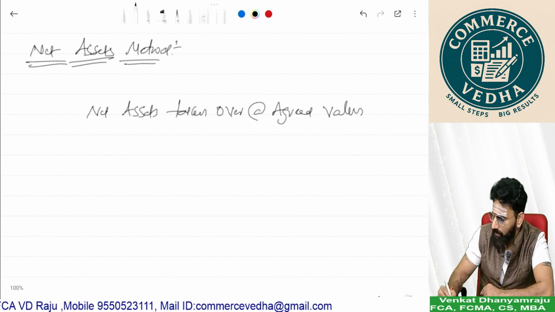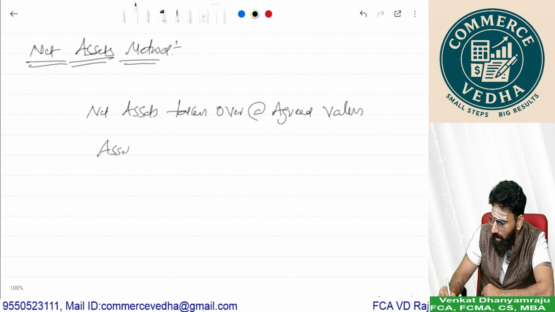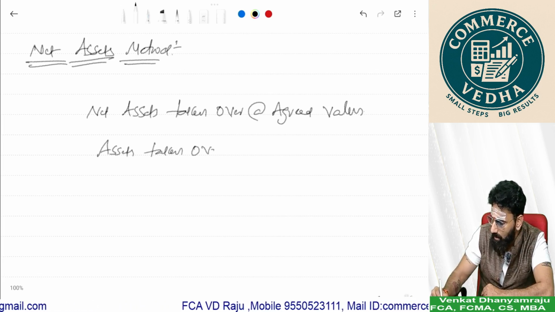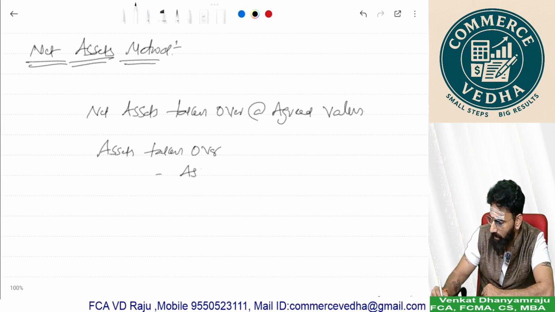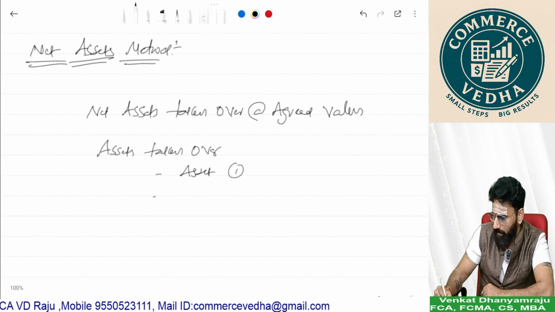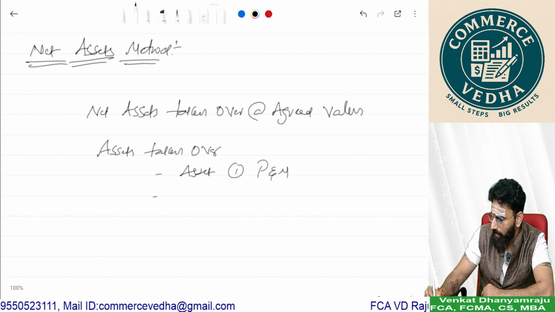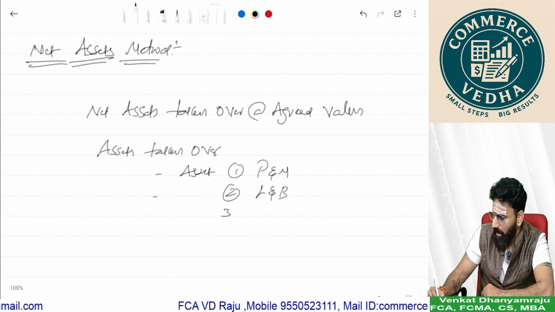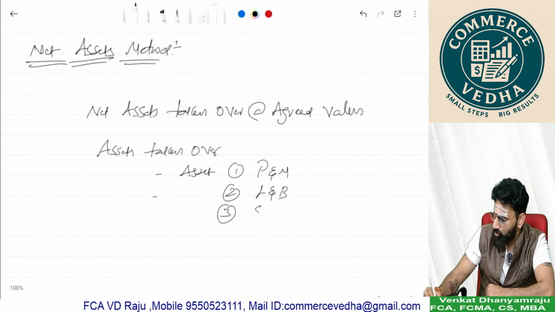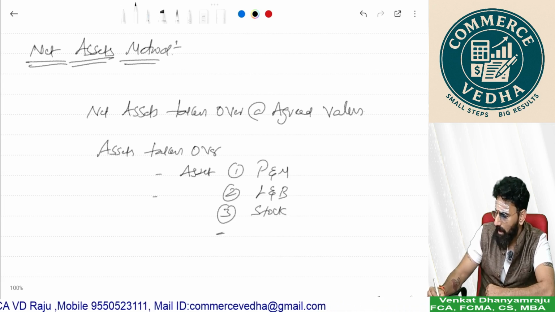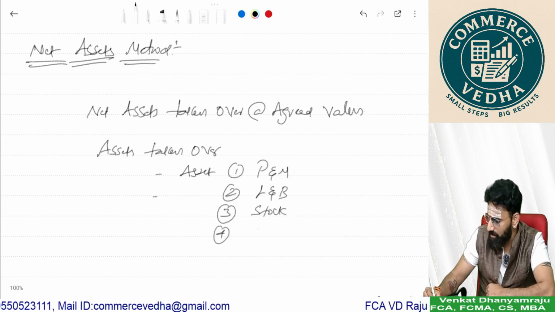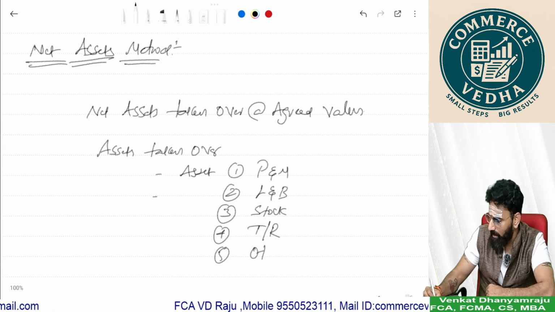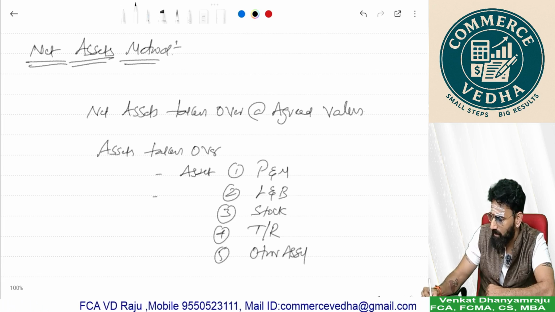It means assets taken over, such as asset 1, say plant and machinery, asset 2, say land and building, asset 3, say stock, asset 4, say debtors, trade receivables, and asset 5, any other assets.